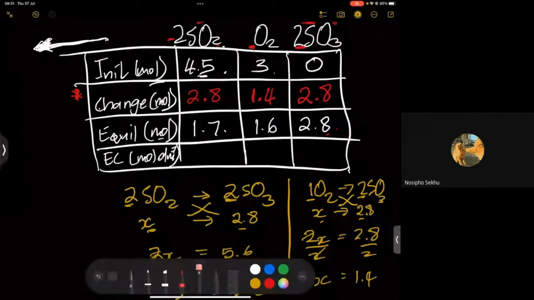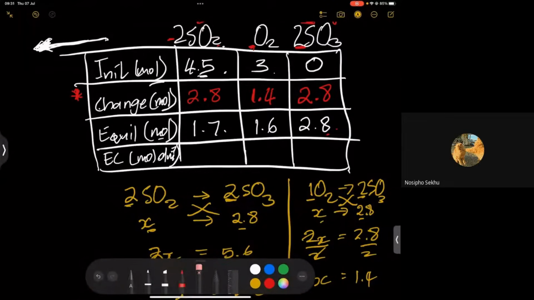In fact, that is a crime that is punishable by absolute failure. Please, under no circumstances. The only time that you would use the ratio is on this part where we talk about the change.